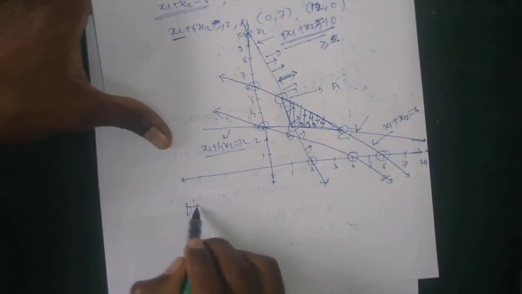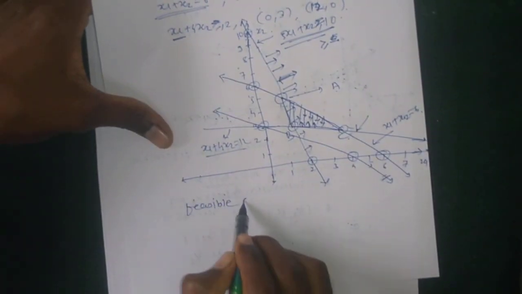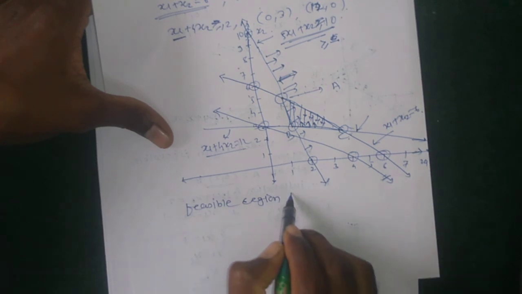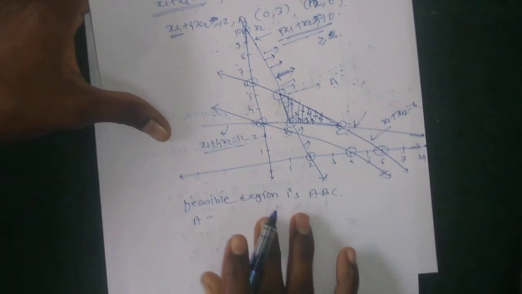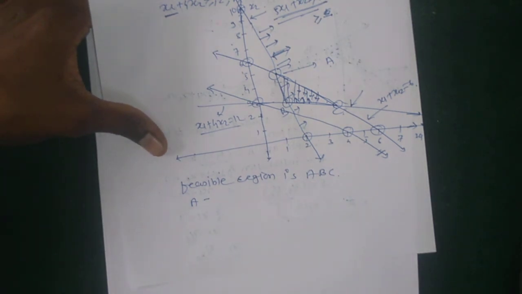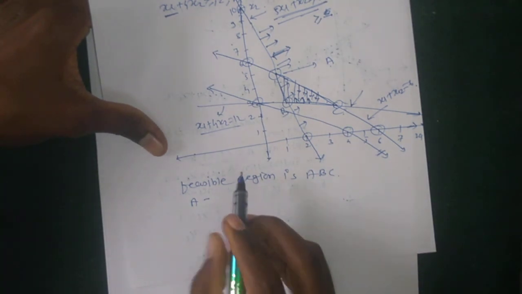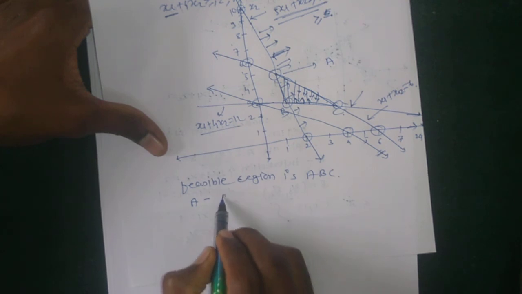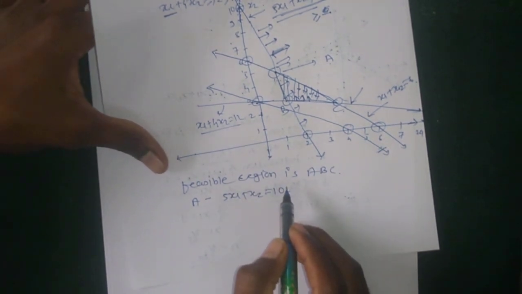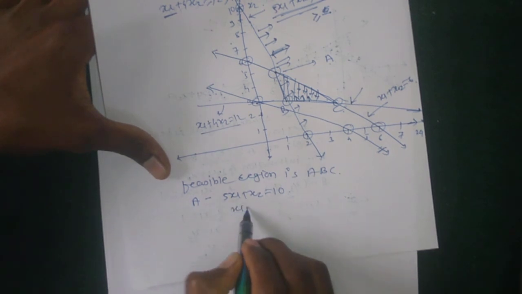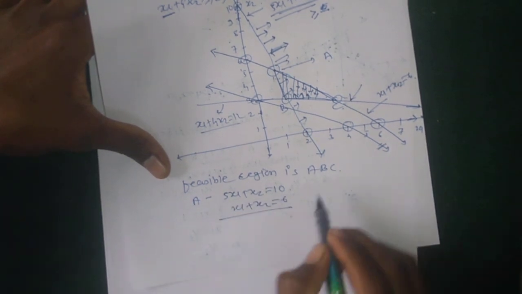Feasible region is A, B, C. Point A is the intersection of two lines. Intersection of two lines means what two lines? 5x1 plus x2 equal to 10 and x1 plus x2 is equal to 6.